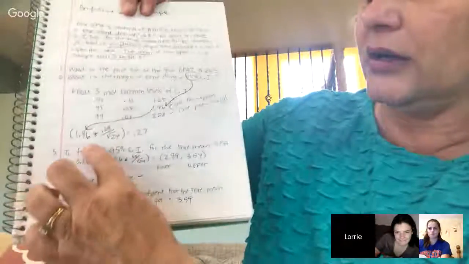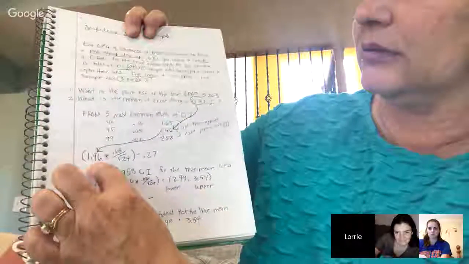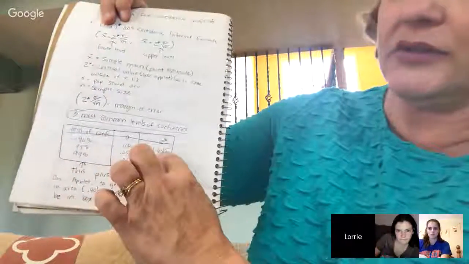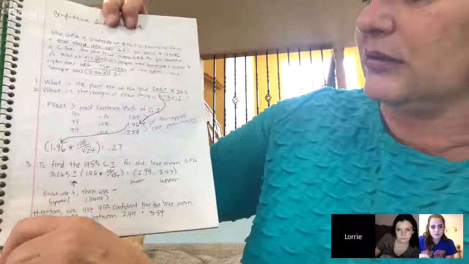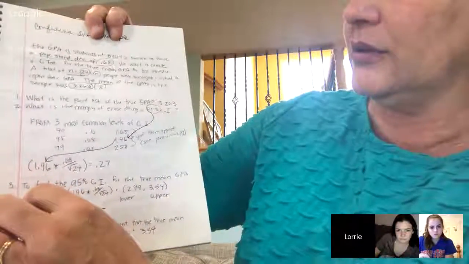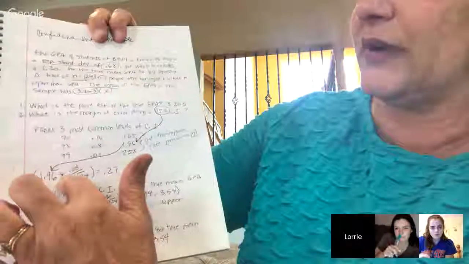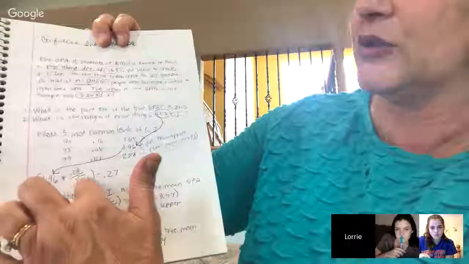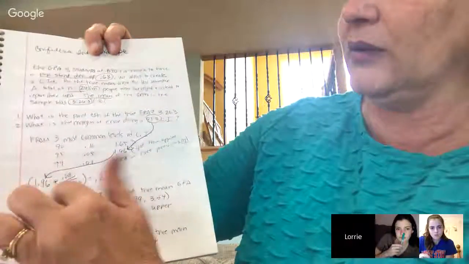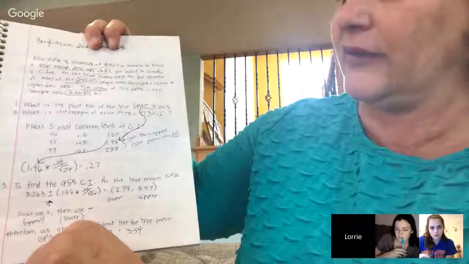What was that second equation? We're using 90%, right? Which is 1.645. To get the confidence level, we take 1.645 times 50 divided by the square root of 25, and we got 16.45, correct? Yeah.